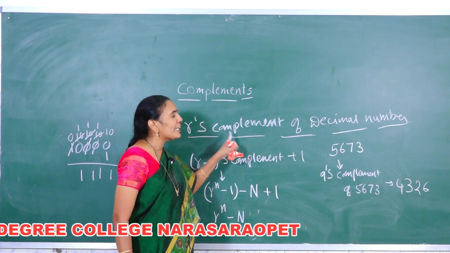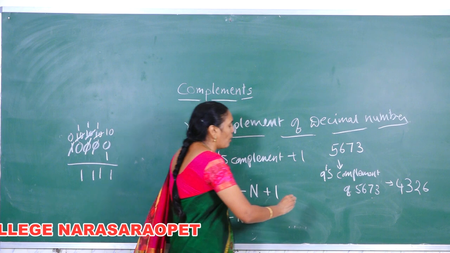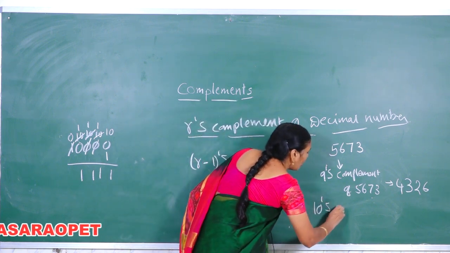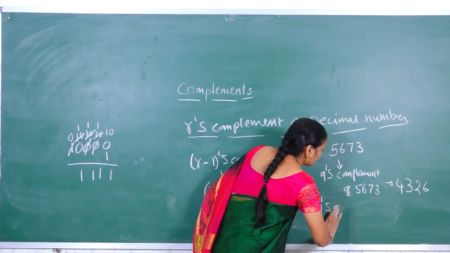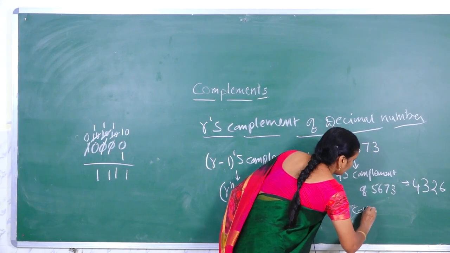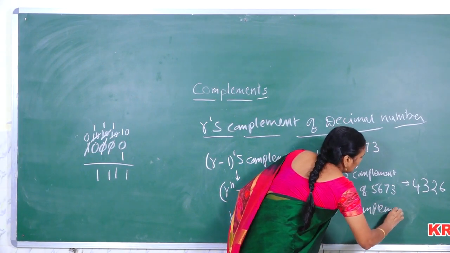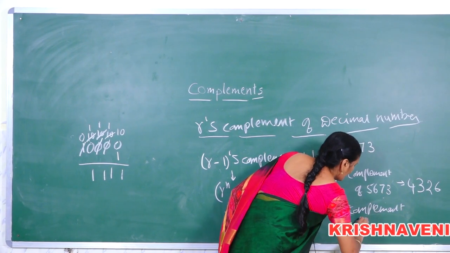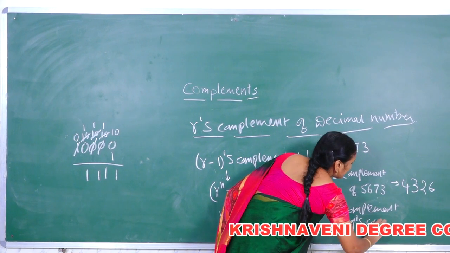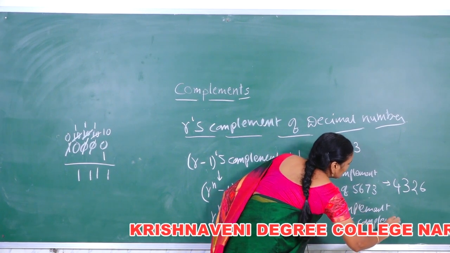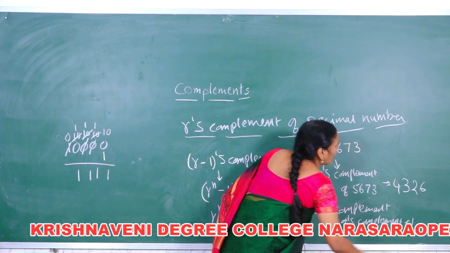But here I am interested in calculating the 10's complement of the decimal number. The 10's complement is equal to the 9's complement plus 1.